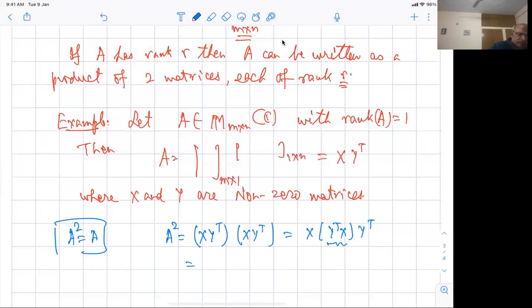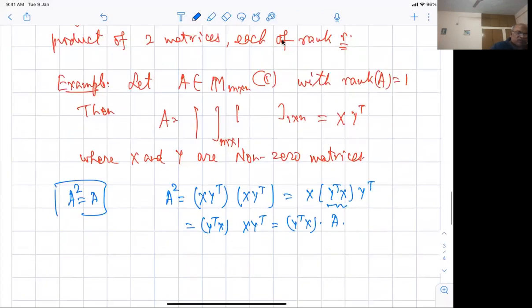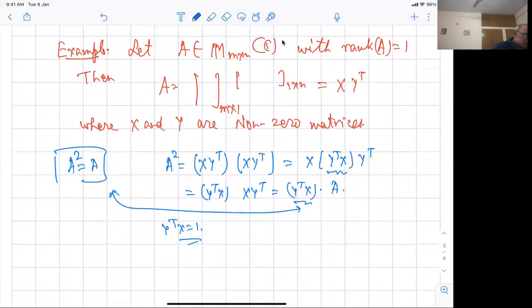Now y transpose x is a scalar quantity and can come out, giving y transpose x times x y transpose, which is the same as y transpose x times A. All right. So depending on the condition you want, in this example you want y transpose x to be 1. You can choose it in such a way that you get 1. In general, you can put whatever condition you want and keep getting your vectors, because you want to create examples to understand the subject. So you should be able to get all of them, as many as you want.